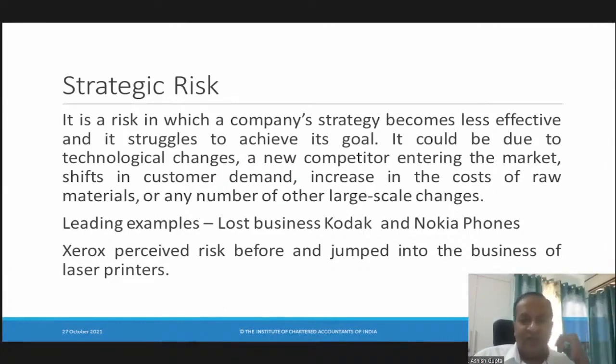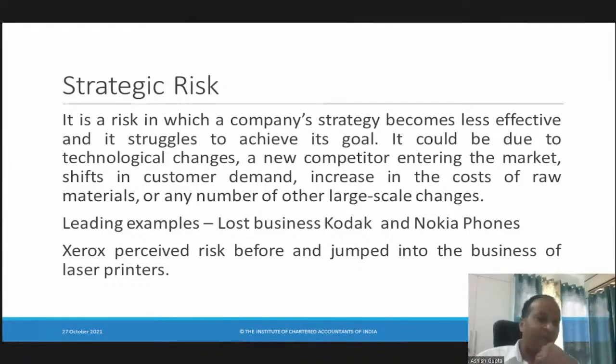Even cinemas and theaters were all closed, shut down for some time, because there were no customers and they were not allowed to enter these hotels. So because of the change in circumstances, in some cases companies have had to shut down their businesses because they are not getting revenue.